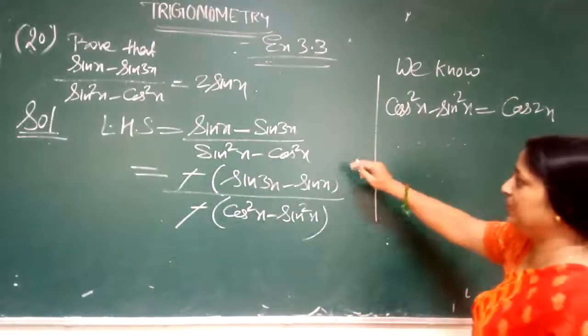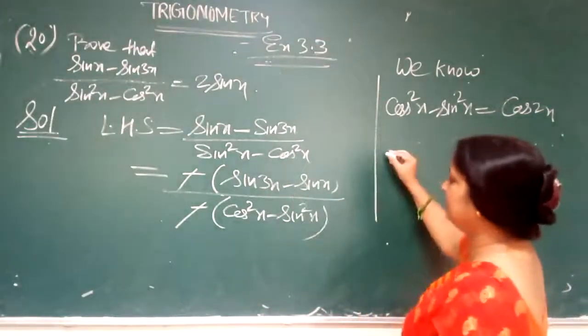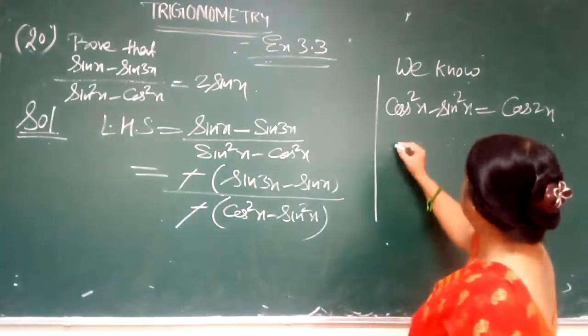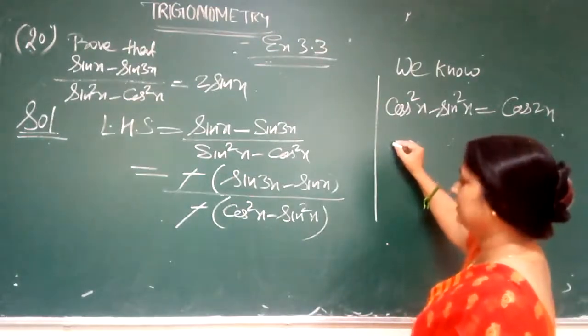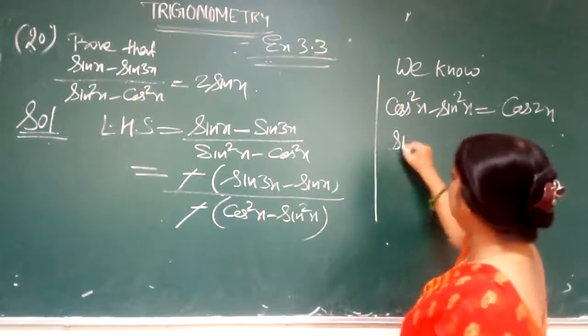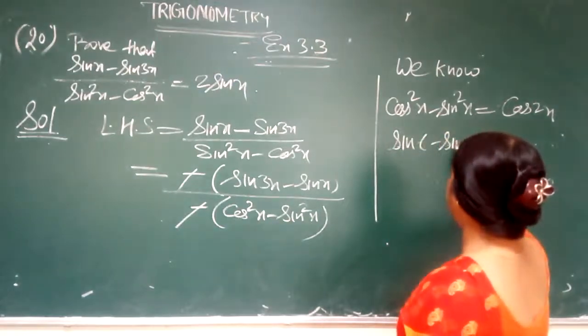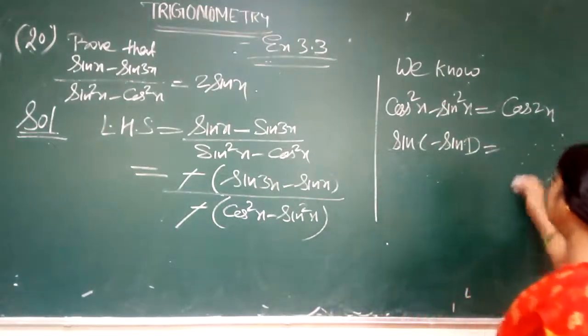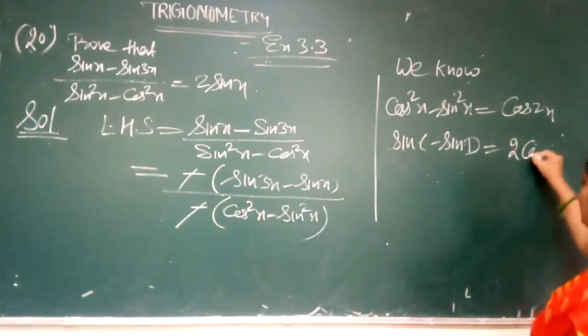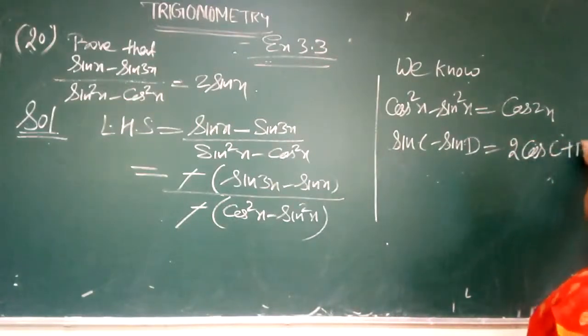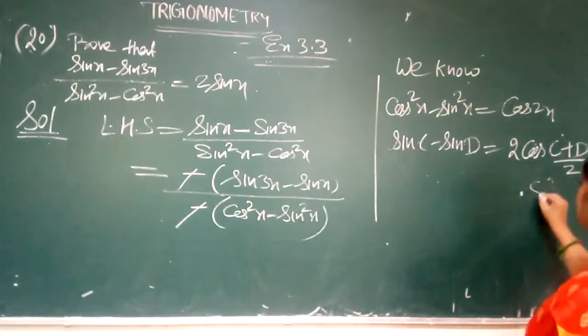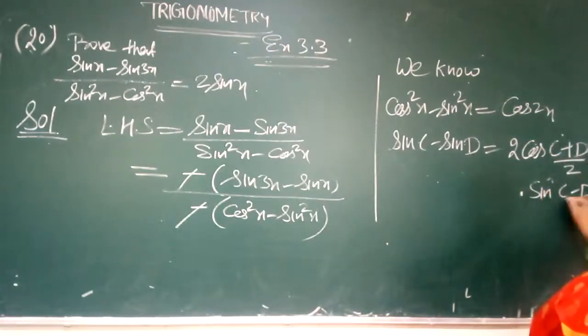Now the second formula we will use here is sin c minus sin d. Sin c minus sin d is 2 cos (c plus d) by 2 into sin (c minus d) by 2.